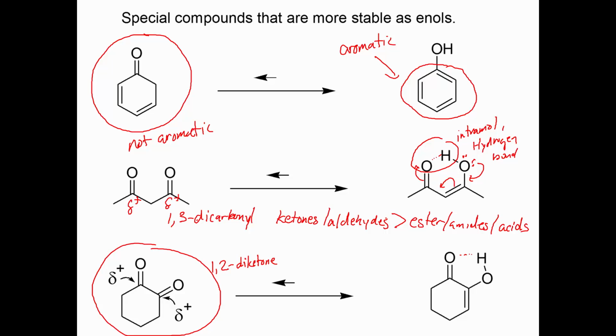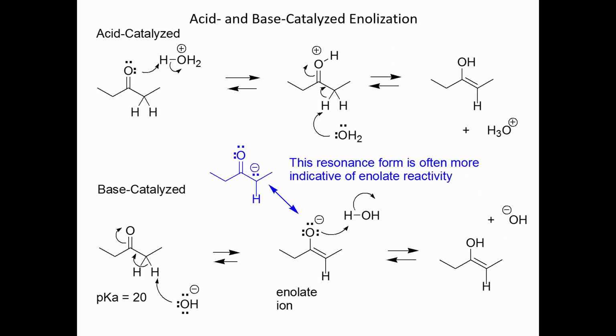So there's a lot of enol present in 1,2-diketone systems.